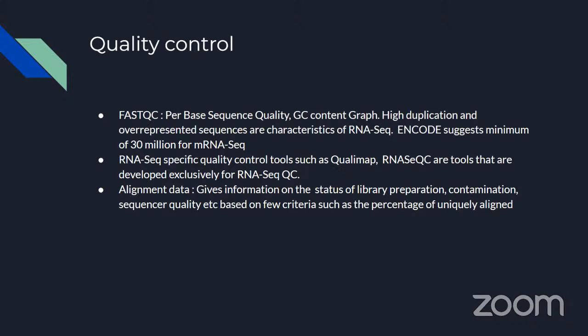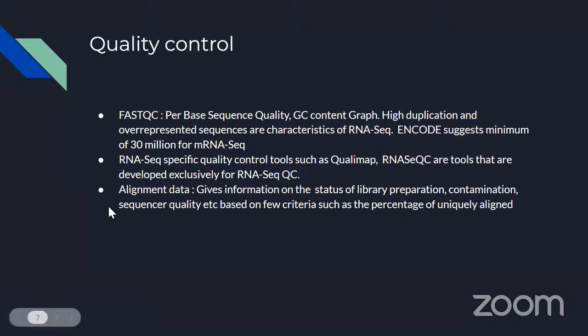But if there are a lot of reads that are not mapped, that could mean there is contamination, because these reads might be from another organism and are not mapping to the reference genome you have. So all of this information gives you a good insight into quality control and where problems have arisen from.